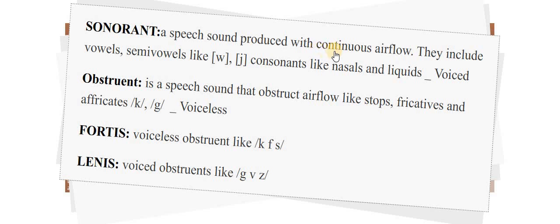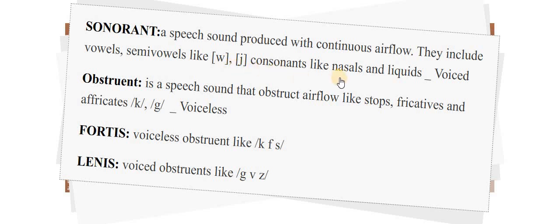It allows for the air to move. Actually, this includes all the vowels. All the vowels allow the air to move. This is what a vowel is about mainly, right? And semi-vowels. What are semi-vowels? Like wa and ya. They are semi-vowels, partly vowel, partly consonant.